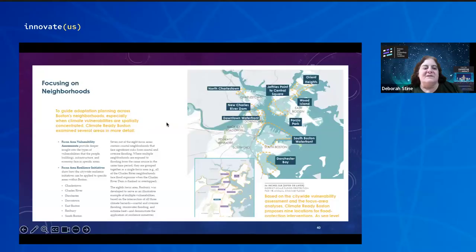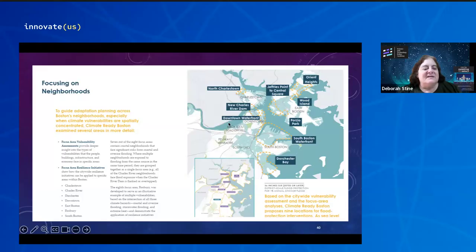Another thing that they did, which I thought was good, was they focused on neighborhoods. In big cities, people live not just in the city of Boston, but in neighborhoods within the city of Boston.